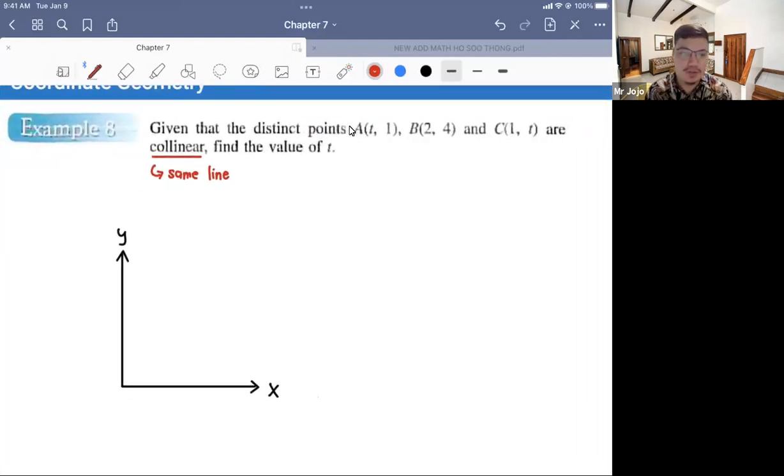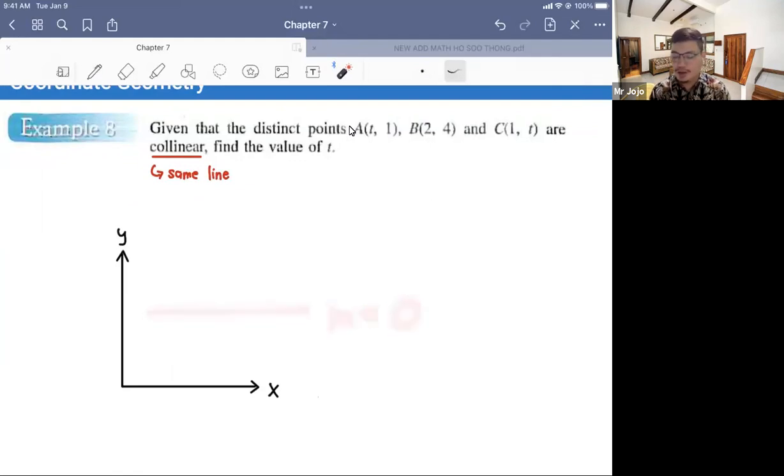This one involves a little bit of algebra. Now this is just a sketch, so let's have the x and y coordinates here. Let me draw a random line. I'm not going to draw a straight horizontal line because this is about gradient. If I draw a horizontal line, that means the gradient is already 0.